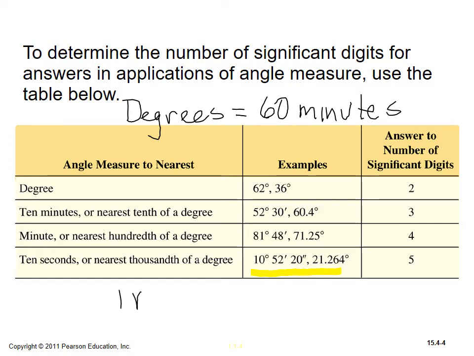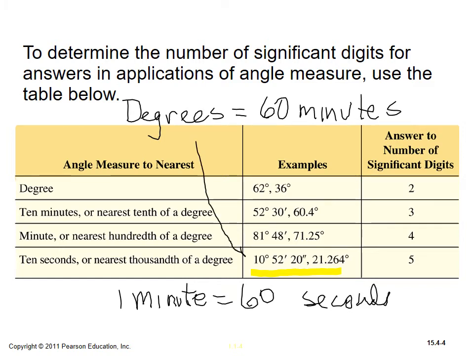And 1 minute equals 60 seconds. So here's degrees, minutes, and then seconds, so that you know what you're looking at there.